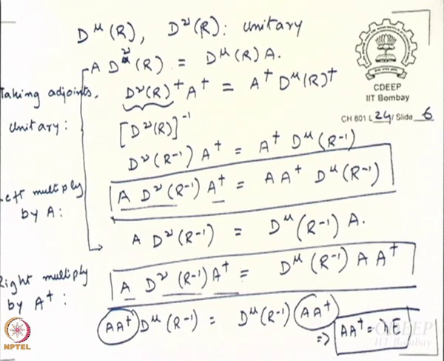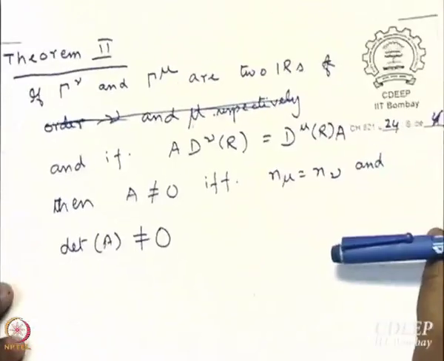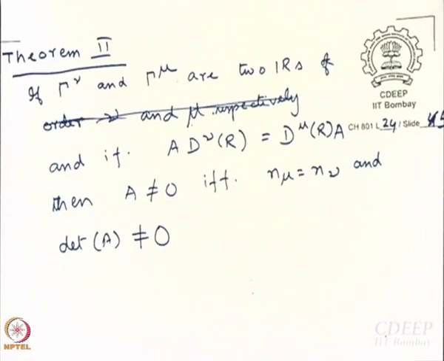Okay. What is it that we wanted to prove? Let us not forget what we wanted to prove. This is not theorem 1, this is theorem 2, and theorem 2 is, if these are two IRs and if A d nu r equal to d mu r A, then A is non-zero if and only if n nu equal to n mu and det A is non-zero.